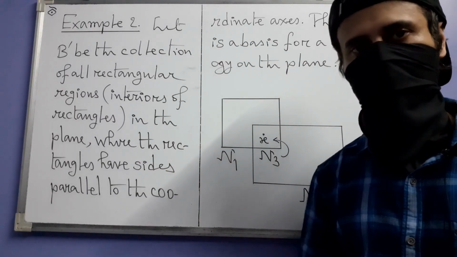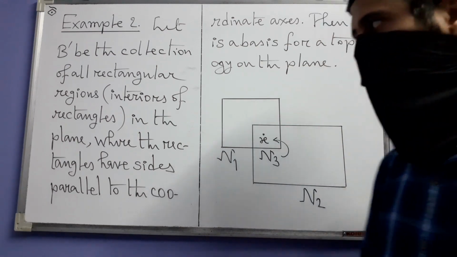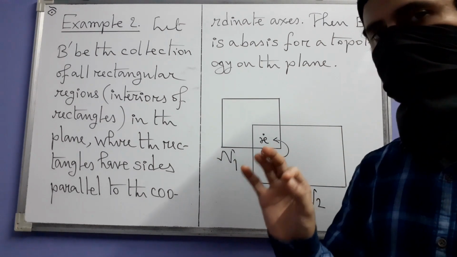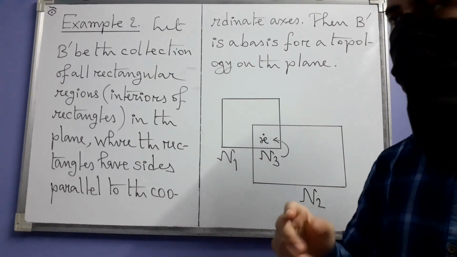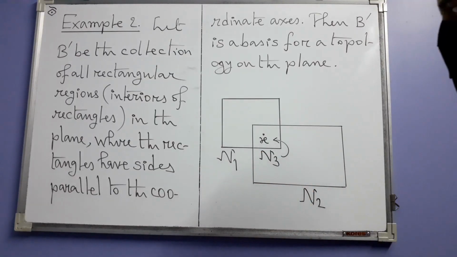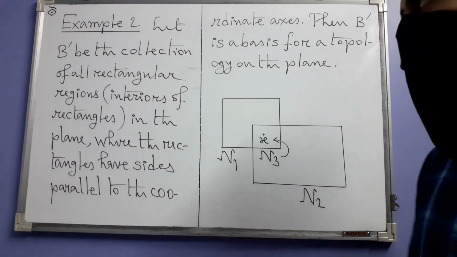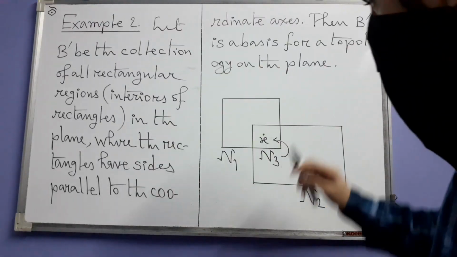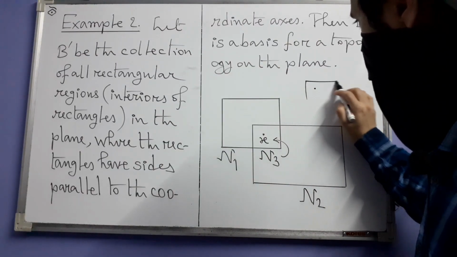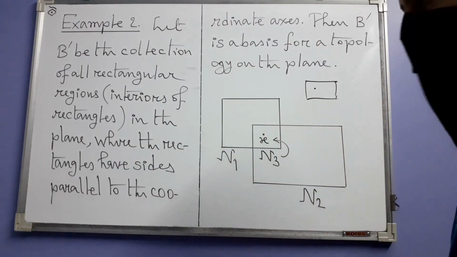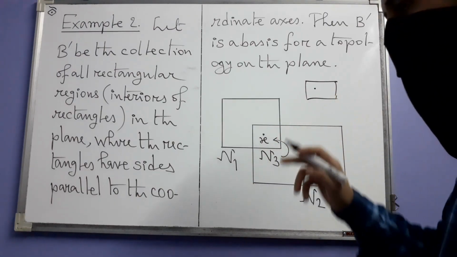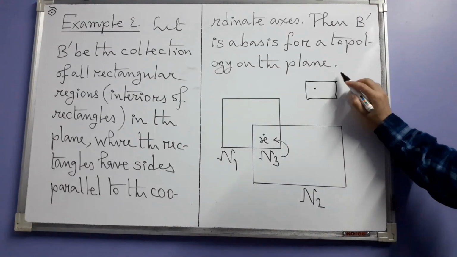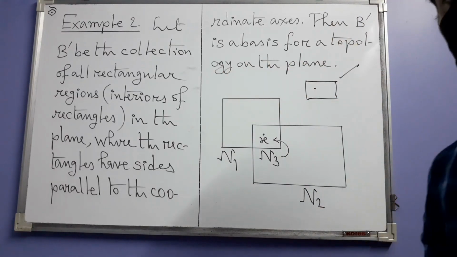So let us verify that, just like the previous example. The first condition is that each point in the plane must be inside some rectangular region, which obviously is true. From simple geometry, we know the fact. So you take any point on the plane, in fact there are infinitely many rectangles that will have that point in their interiors. So condition 1 is true for this collection B prime.